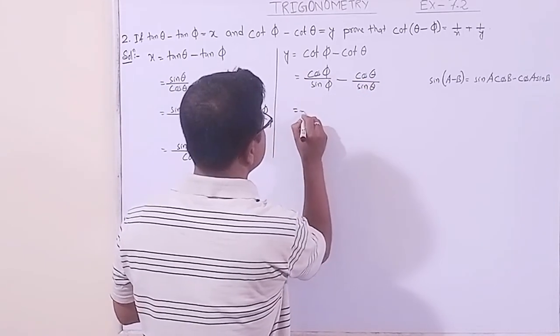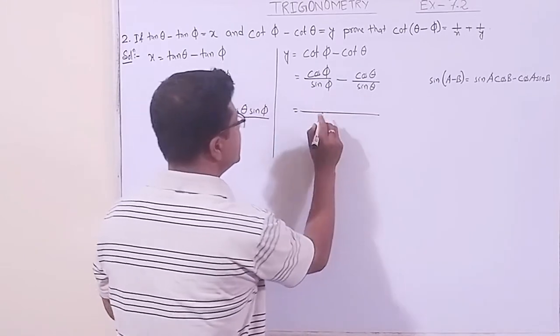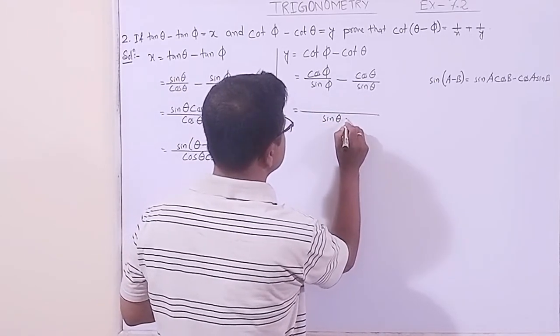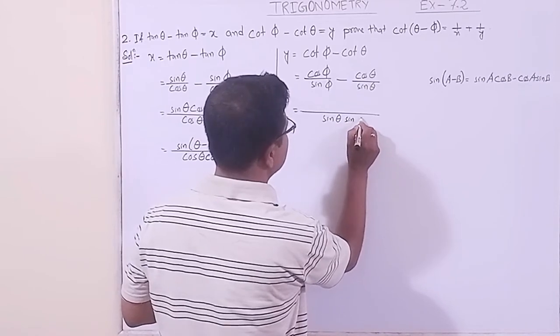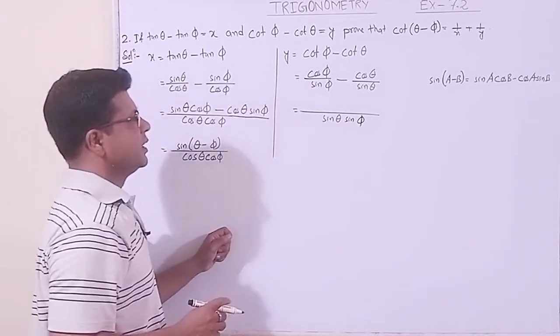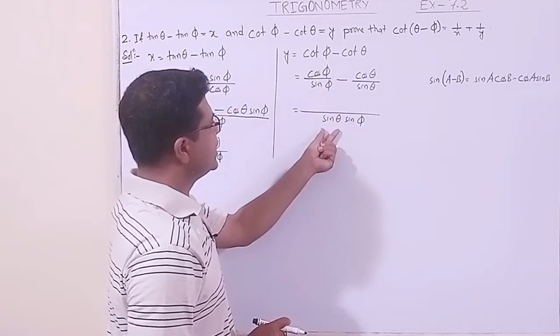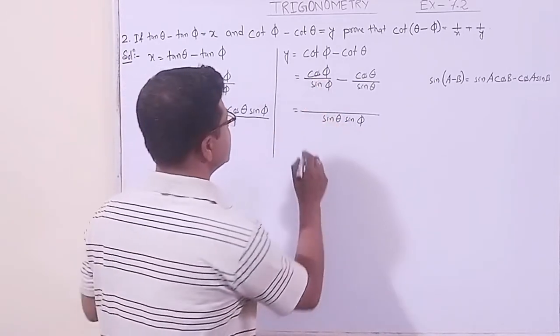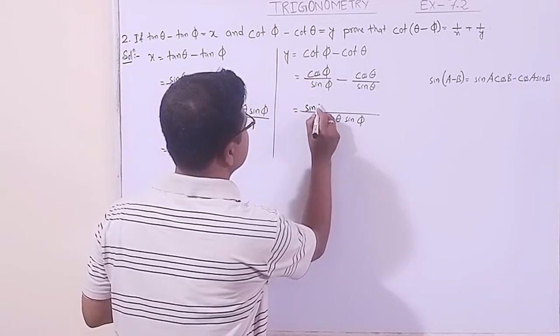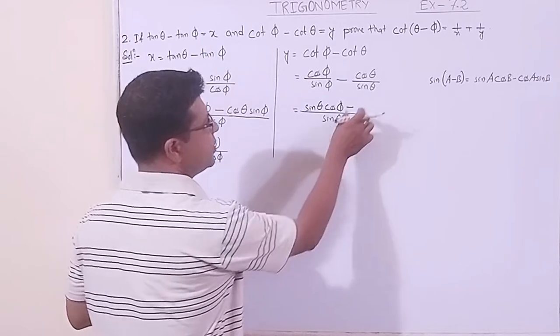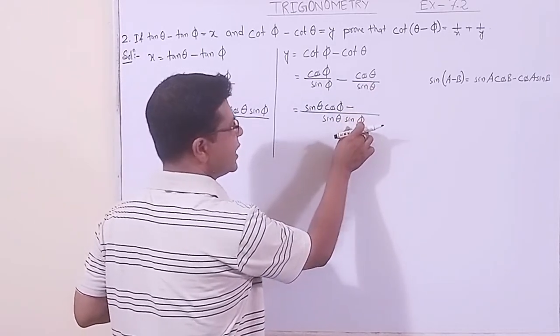Let us take the LCM. LCM is this into this, sin theta then sin phi. Got it? Now this divided by this, what is left? Sin theta is left. Sin theta into this, so let us write sin theta into cos of phi minus, this divided by this, what is left? Sin phi is left.